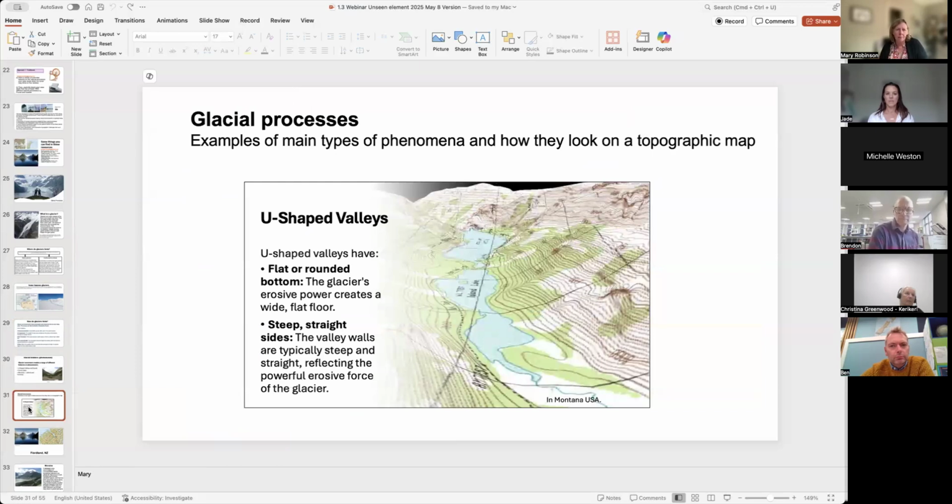We have some examples of phenomena and what they look like on a topographic map and also in photographs. So students can see, if I see a topographic map looking like this and the contour lines are like this and like this, that might suggest whatever's happening.